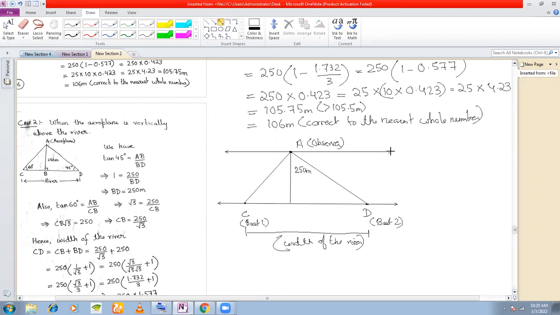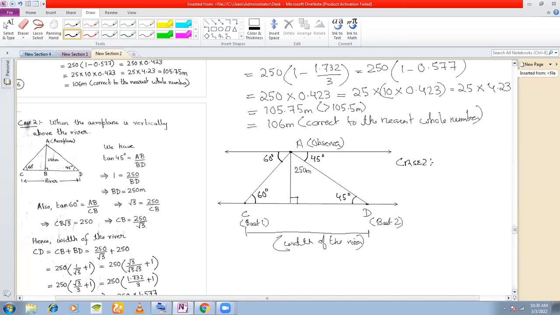Now the angles of depression are given. The angle of depression of the first boat is 60°, and of the second boat it is 45°. So if this angle is 60°, this must be 60°, and this must be 45°. So this is the diagram for the case where the observer is directly above the river.